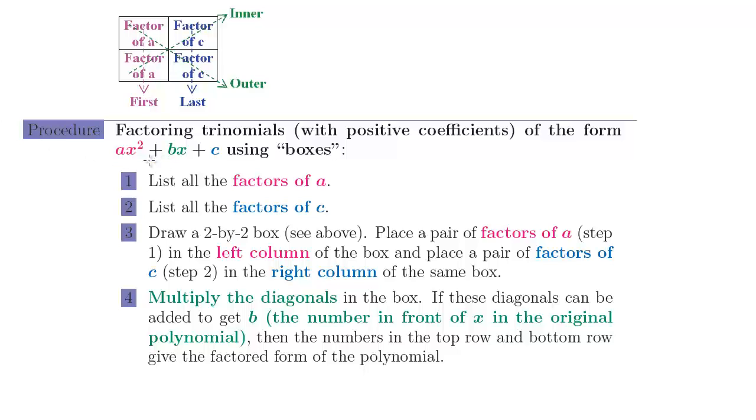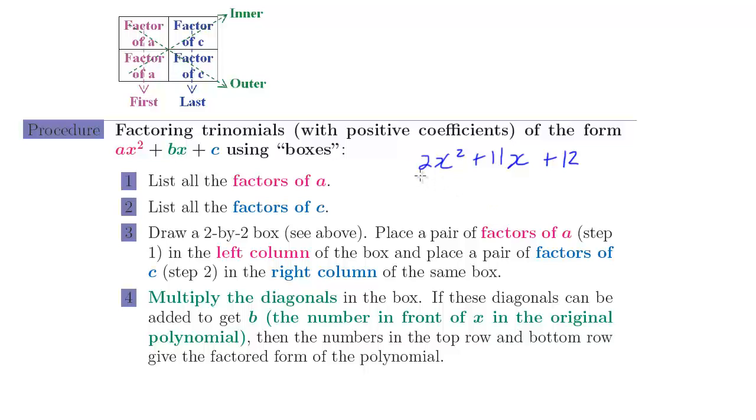So here's the general procedure for factoring trinomials of the form ax squared plus bx plus c when you have positive coefficients. So we're going to deal with all plus signs first. We'll deal with minus signs in the next topic. Right, so the first step is to list all the factors of a. Right, so you'll be given something like we've been dealing with, 2x squared plus 11x plus 12.